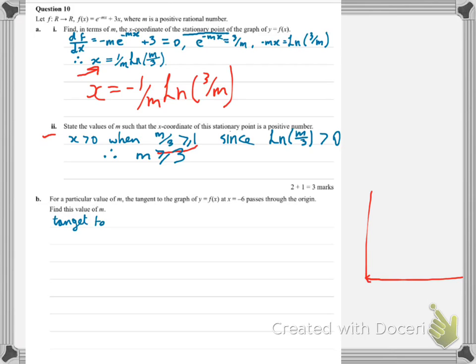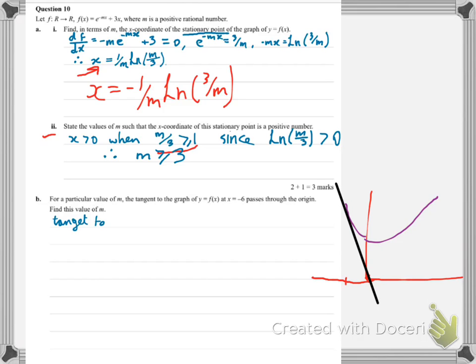So let's try a little graph here. It might be something along the lines of a graph that looks like this, perhaps, and at some value, here, maybe at negative 6, we're going to have a tangent that passes through the origin, like that.